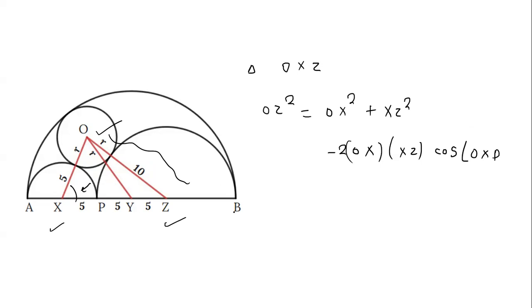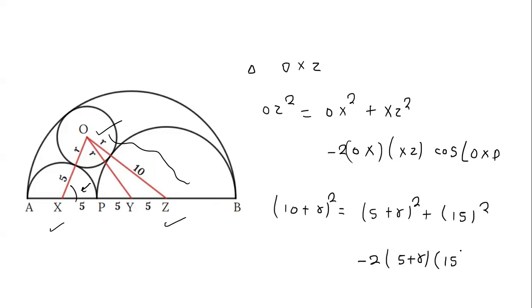This angle is the same in both triangles. So OZ we know it is 10 plus R, OX we know it is 5 plus R, and XZ we know it is 15, into cos of this angle OXP.